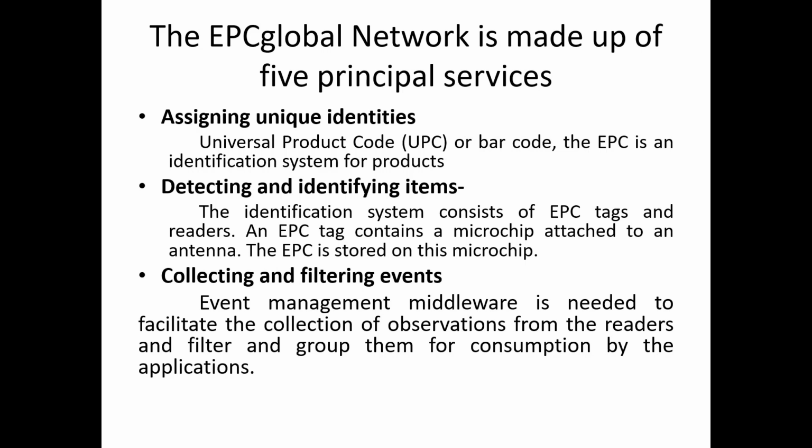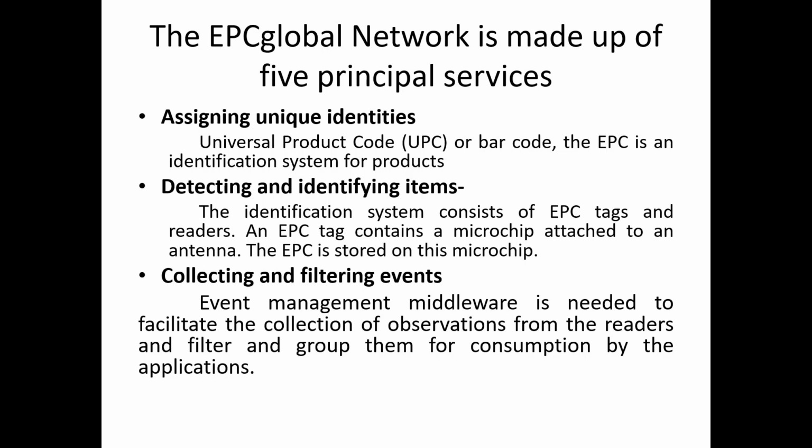The second one is data capture through RFID and sensors, which means RFID readers capture the EPC automatically without human intervention. So it allows fast, bulk and accurate data collection compared to barcodes.